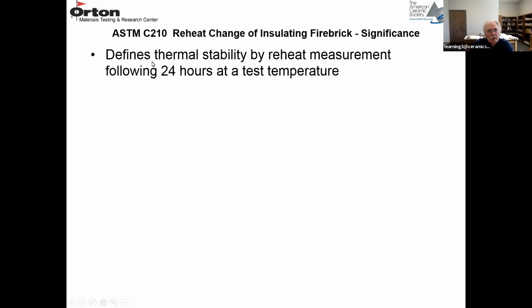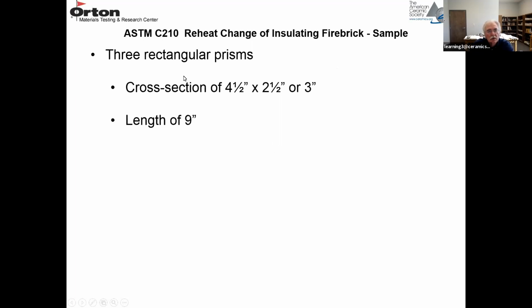The importance of this test is that it determines the thermal stability by reheat measurement over a 24-hour test period. And we gave some percentages, 0.5% or 2%, which were the safety limits for using an IFB. You're testing a full-size brick, which is a cross-section of 4.5 by 2.5 inches or 4.5 by 3 inches, and the length is about 9 inches.